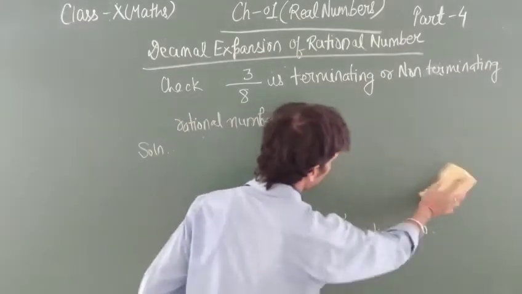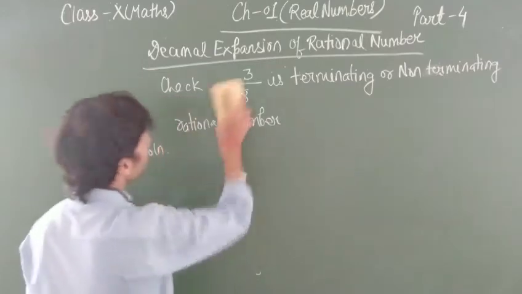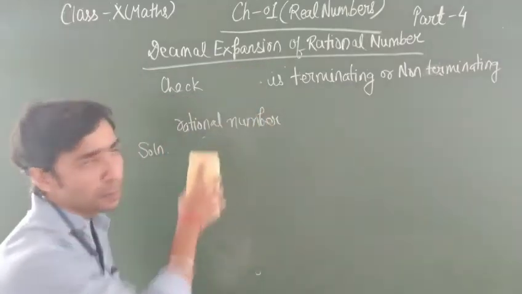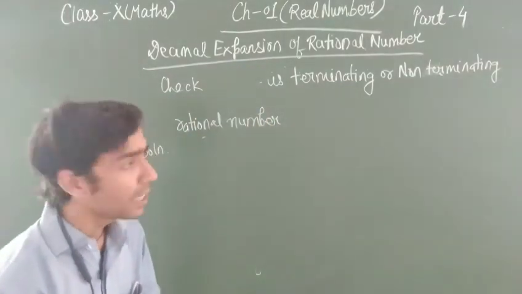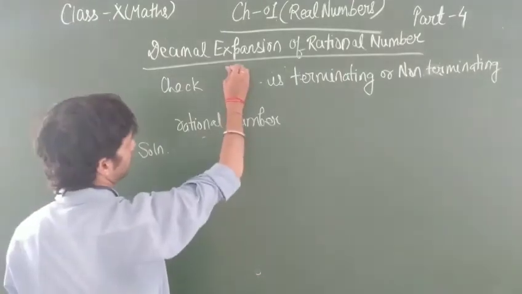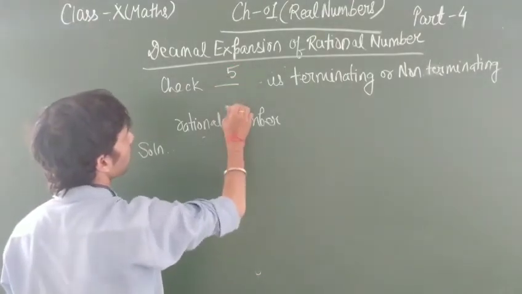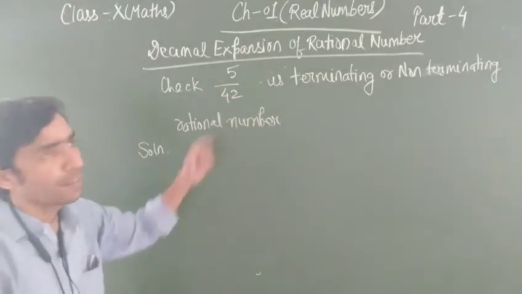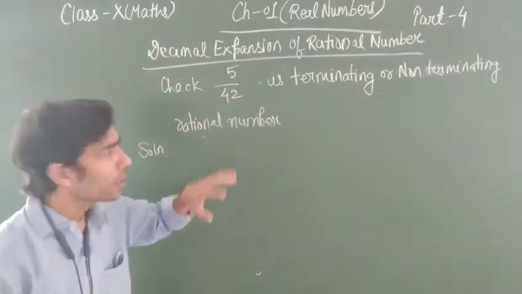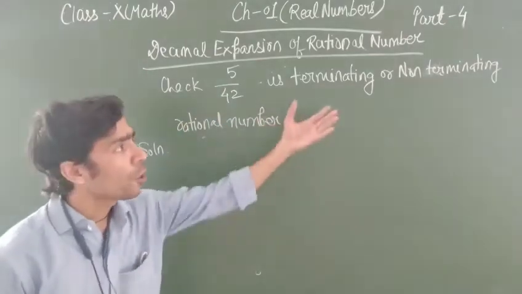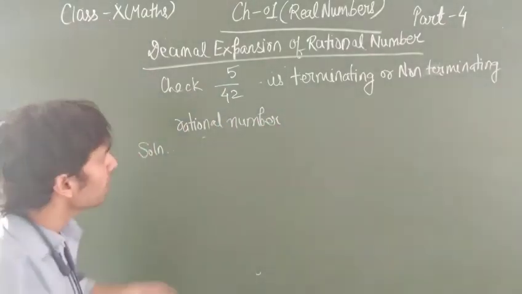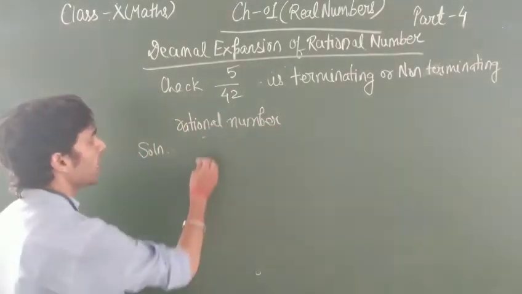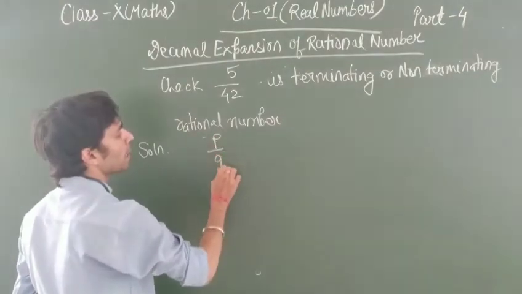Okay, so now I can give you the next example. In place of 3 upon 8, I can write 5 upon 42. Suppose I have written 5 upon 42, and you need to check whether it is a terminating or non-terminating rational number. So again, this is a rational number, so it can be represented in the form of p/q.